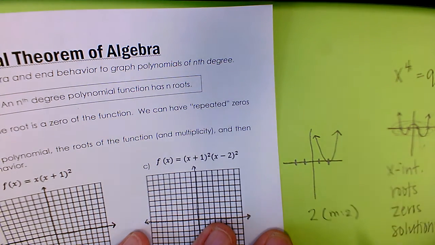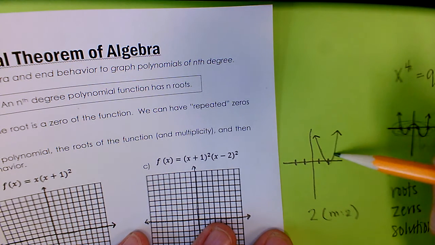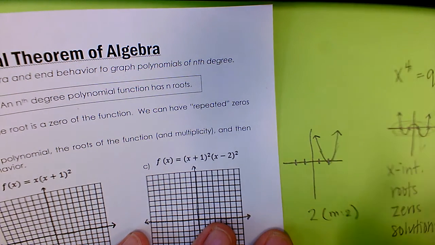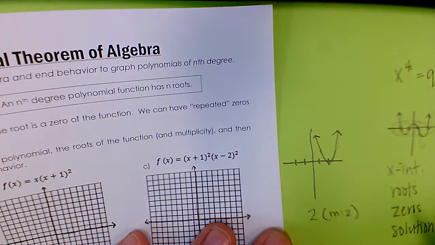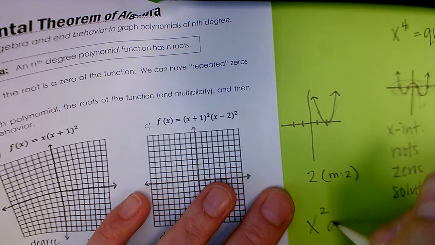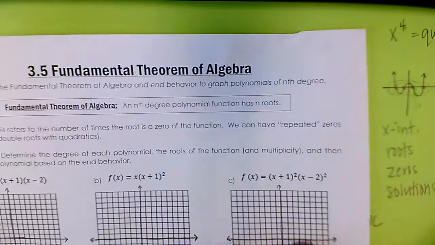That means it touches it twice. Even though it only hits once, when it bounces off of it, that's like a double hit. So this means that this is going to be an x squared term, or x squared function, which is quadratic. Let me move up a little bit. Okay, so that's a little bit of our ahead of time information as we go through this.